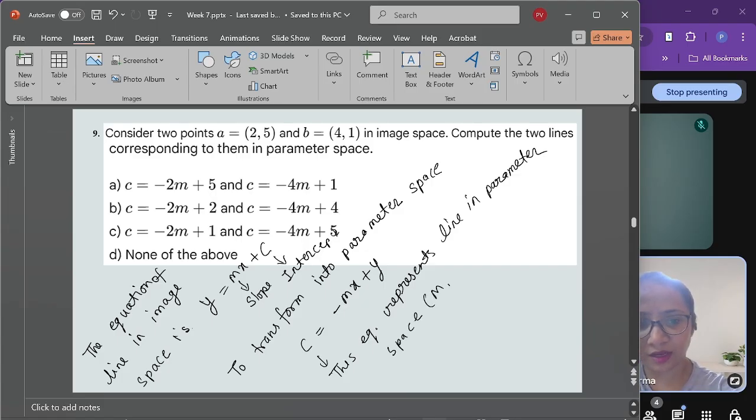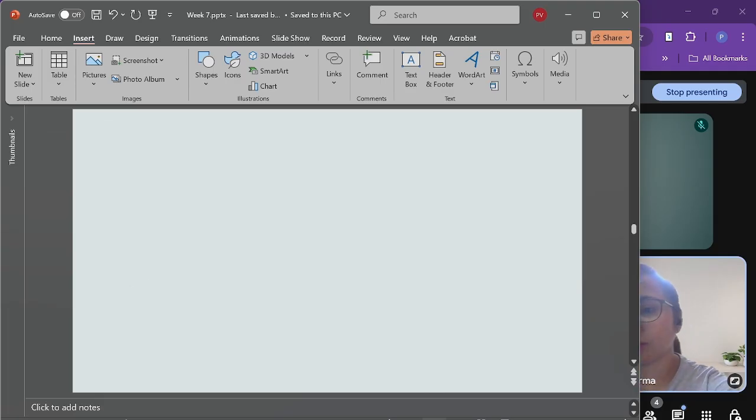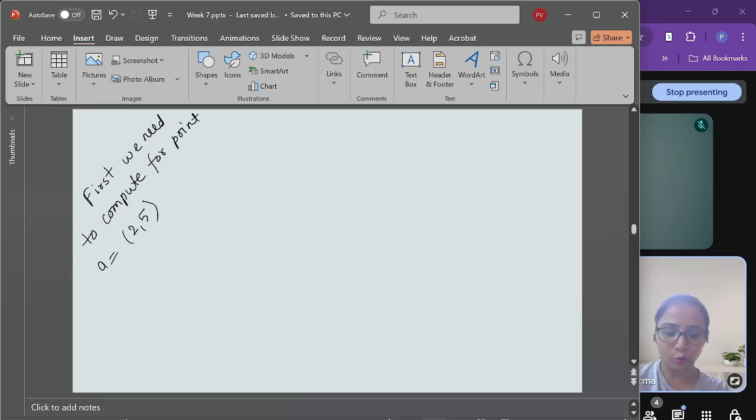So to find the lines in the parameter space that correspond to the given data points in the image space, now substitute the xy coordinate in this equation for both the data points. So first we need to compute for point A that is given 2, 5, and then we have to calculate for point B also.